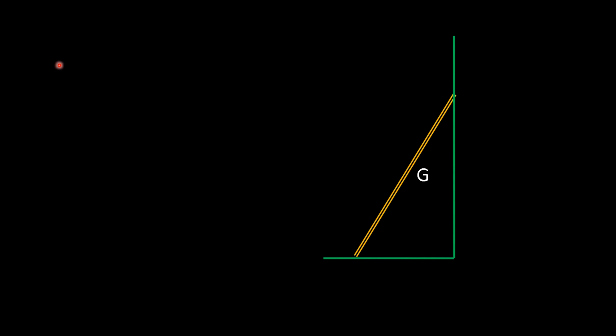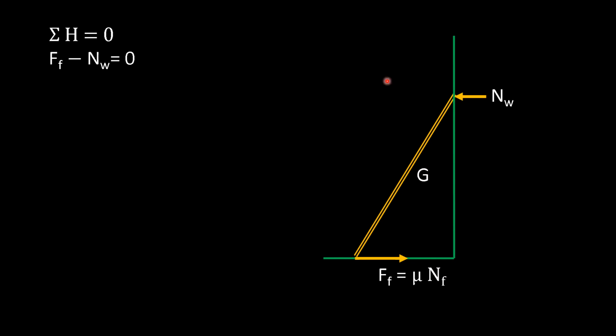In the state of equilibrium, we have summation of horizontal forces equals 0. We have the horizontal forces FF minus NW equals 0. FF is the frictional force between the ground and the bottom of the ladder. NW is the normal reaction by the wall on the top of the ladder.